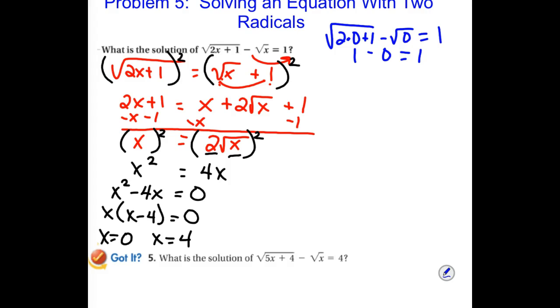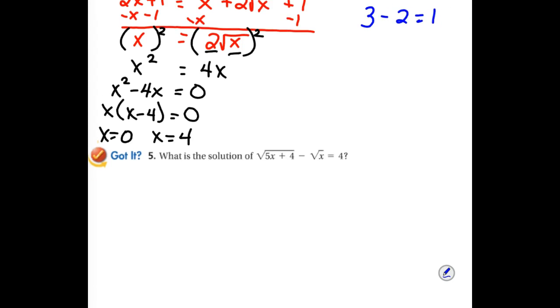Okay, so 0 works. Checking the 4. We have 2 times 4 plus 1 minus the square root of 4, and we're supposed to get 1 for an answer. We've got 8 plus 1, that's 9. Square root it is 3. Square root of 4 is 2. Does it work? So here's a case where both of our solutions work.